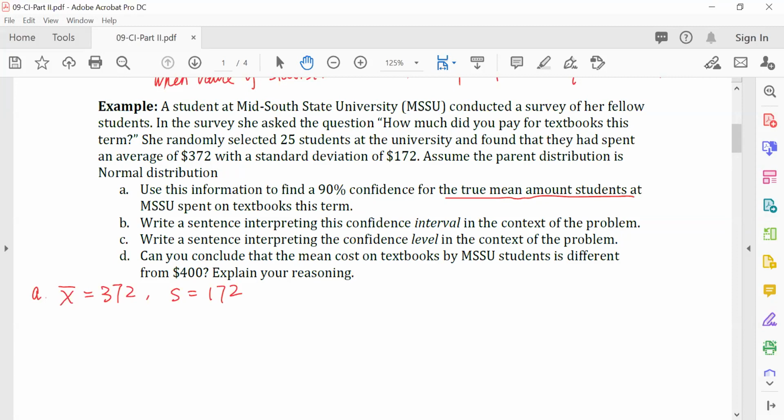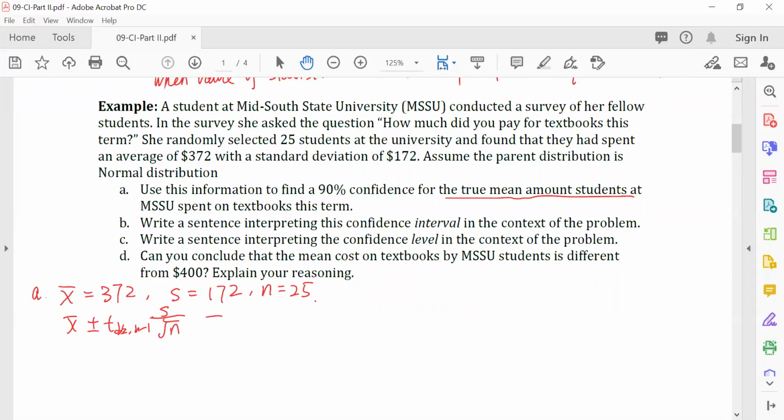So we are going to use the t formula for the confidence interval, right? Our sample size n is 25, and we can assume the average amount of money students spend on textbooks is at least symmetric. So the formula we are going to use is x bar plus or minus t alpha over 2, n minus 1, times s divided by square root of n.